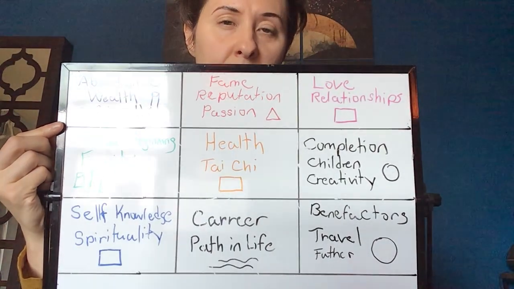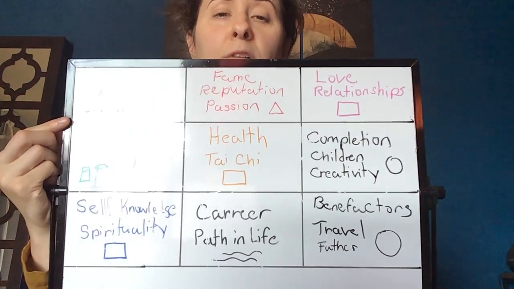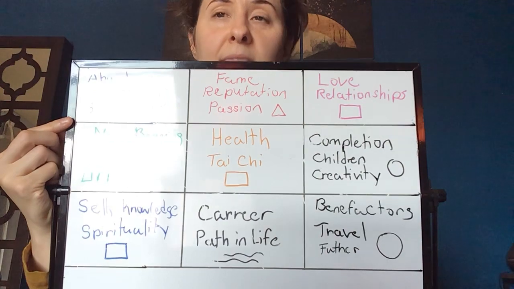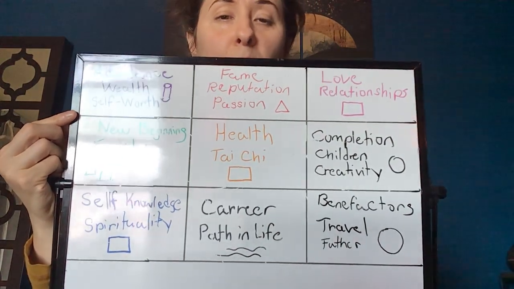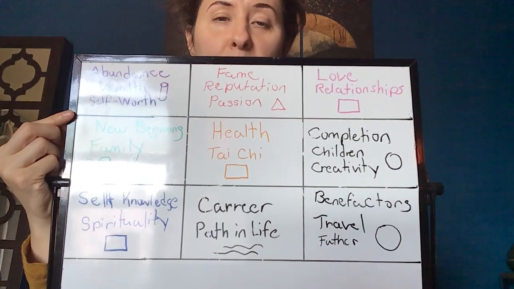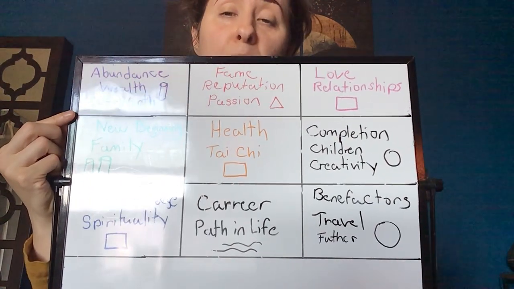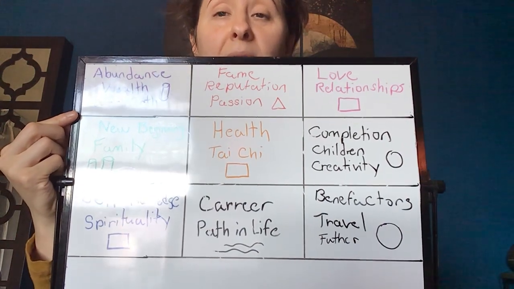The element is metal. It's that very young form of metal, like think of like a big strong sword or blade, and it is associated with the number 6 and the color gray, as well as black and white.